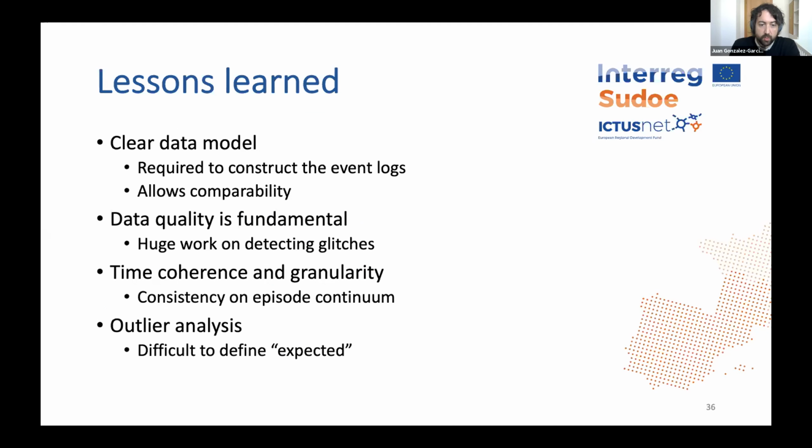It's important to have high coherence in time and also a fine granularity. The finer the granularity, the better the process discovery and process mining work.